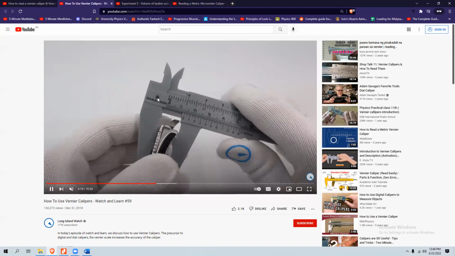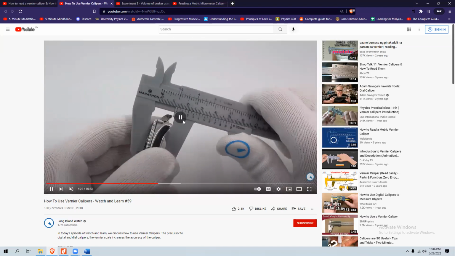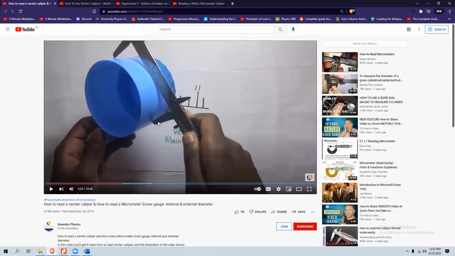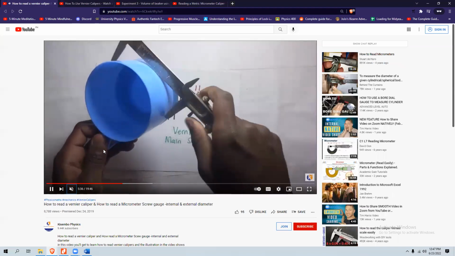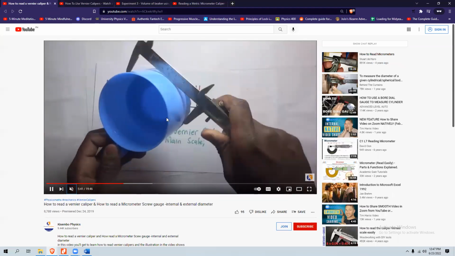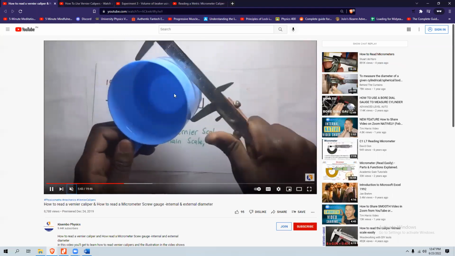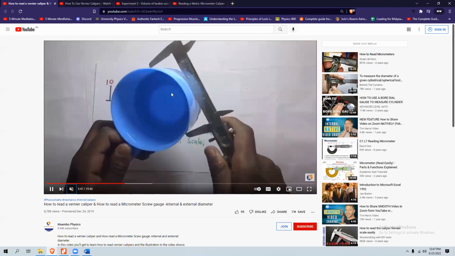This is the part that we will be using for measurements in the experiment. Although I do want to show you other applications. This is how you will be measuring inner diameters, for example. I'm going to mute this video and let it play for a while. This person measured the outer diameter of the cup.